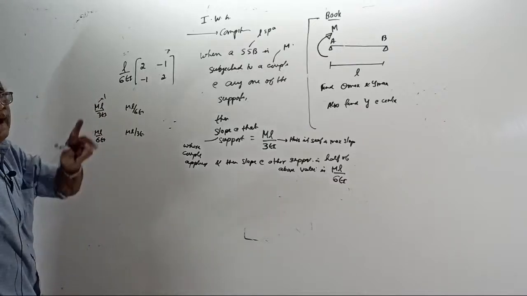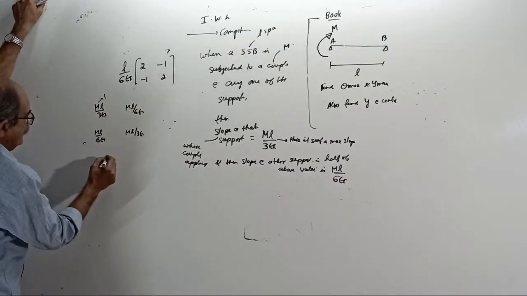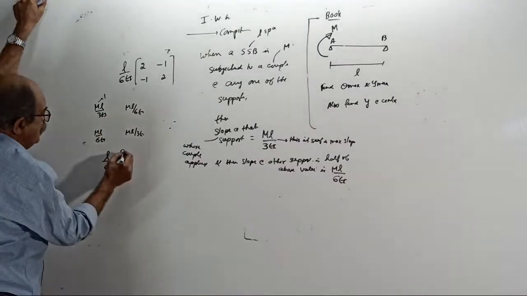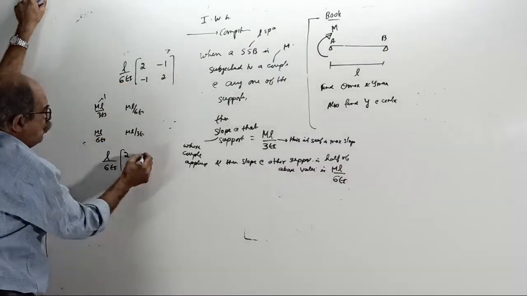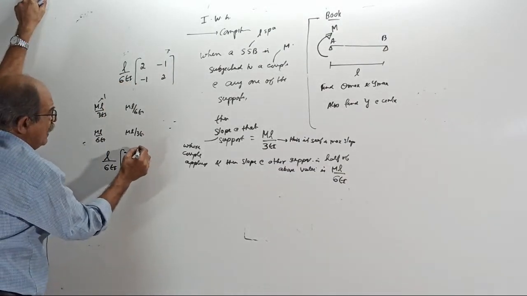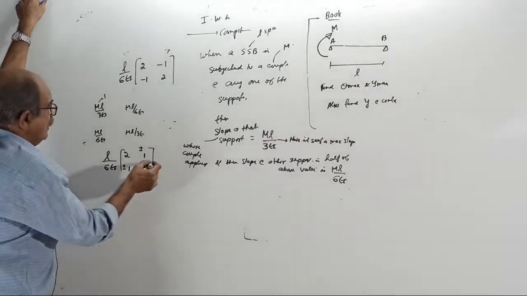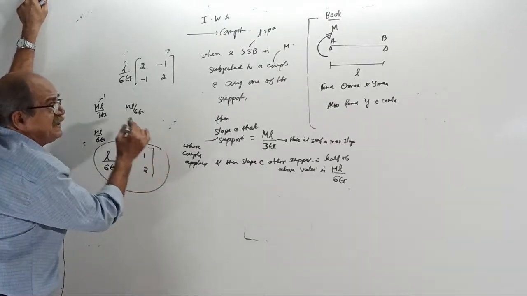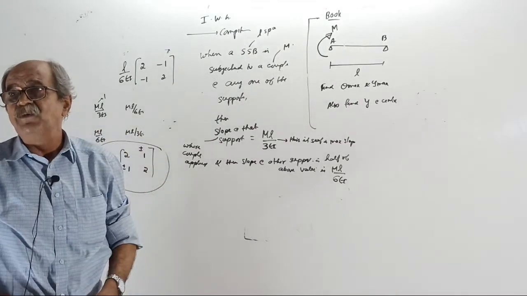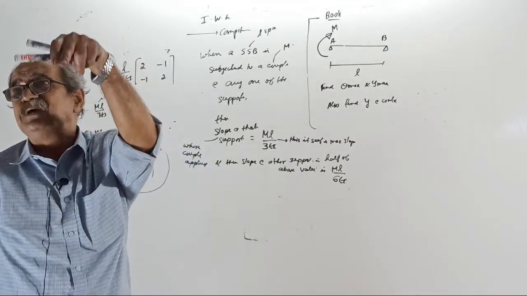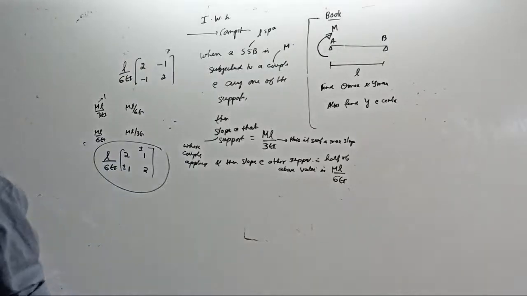In the flexibility matrix method, when M becomes 1, it becomes L by 6EI into the matrix 2, 1, 1, 2, sometimes plus, sometimes minus based on sign convention. Remember, this is the flexibility matrix derivation in the matrix method.